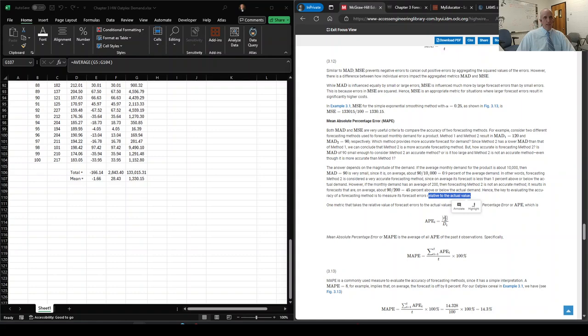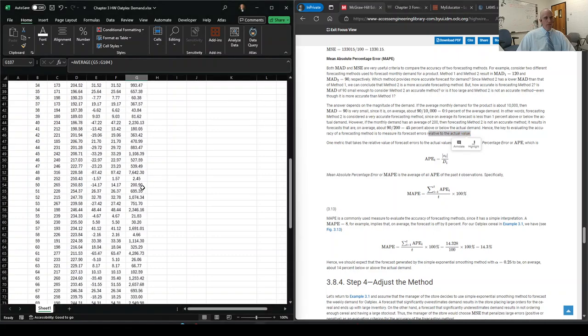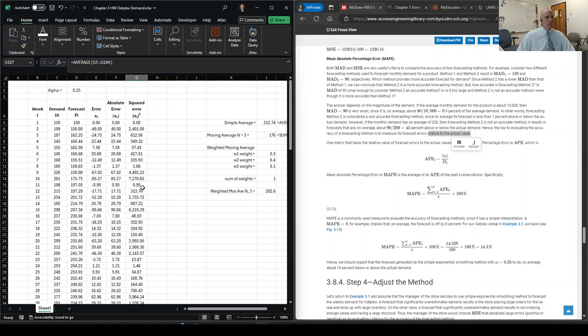So we'll take the absolute error and divide by demand. And here's what that looks like. So if we come back up here, a MAPE of 8, for example, implies that on average the forecast is off by 8%.